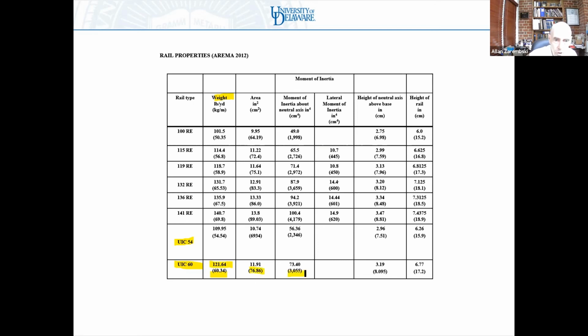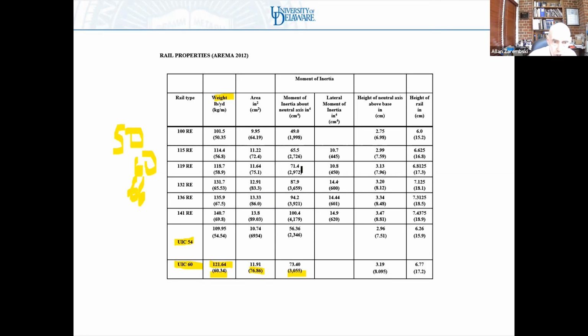Just to give you an idea of the difference in moment of inertia, this would be the equivalent of a UIC 50 rail, this would be the equivalent of a UIC 66 rail, and this would be a UIC 60 rail.